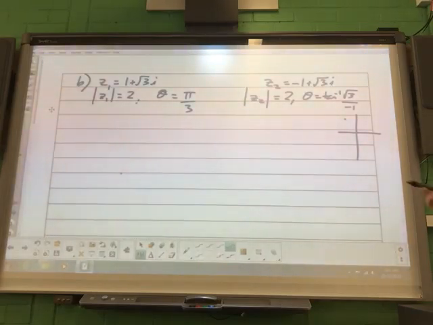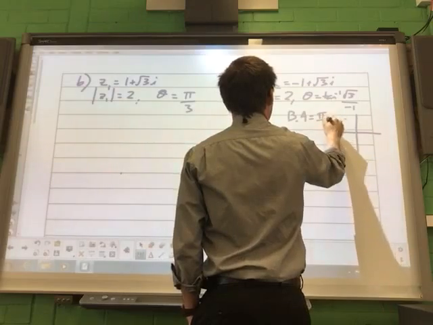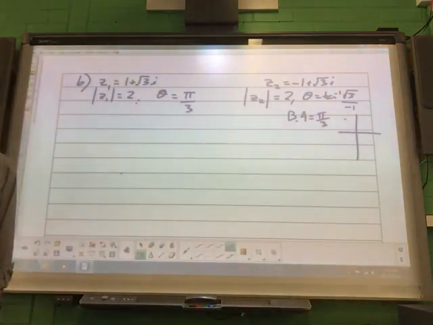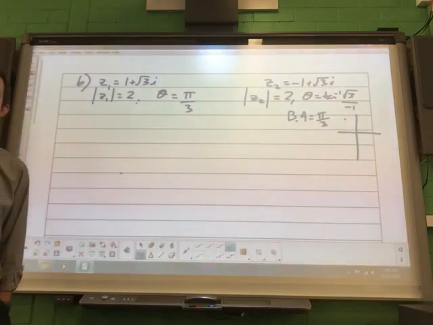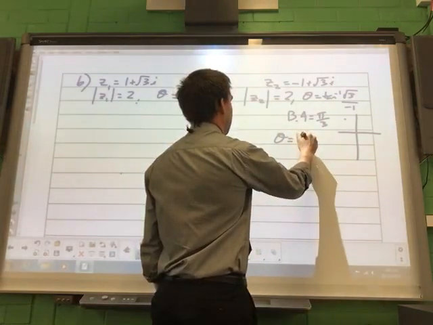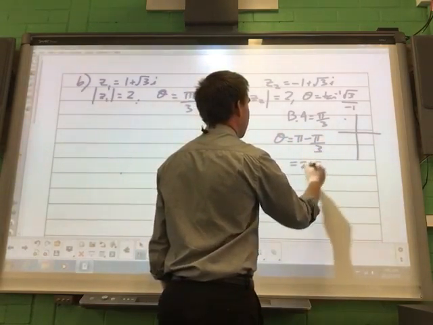The 60, which is what in radians? Yep, so the basic angle is pi on 3, and then an angle in the second quadrant we represent as 180. What's the radian measure for 180? Yep, so theta can be pi take away pi on 3, which is 2 pi on 3.